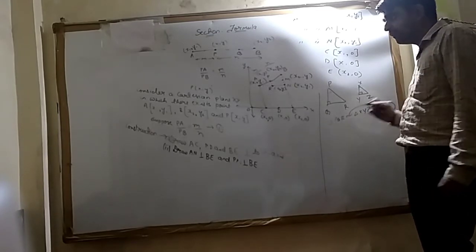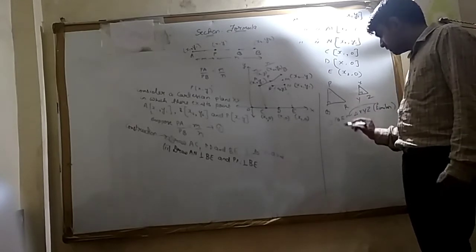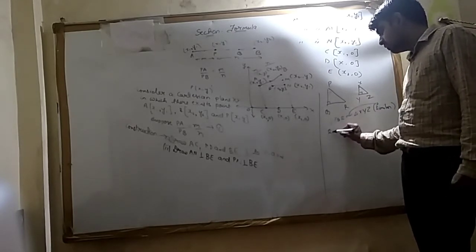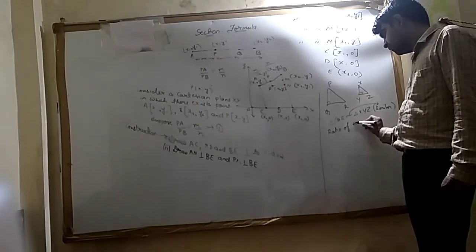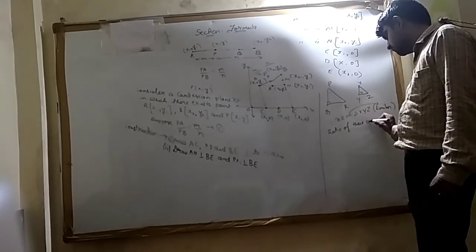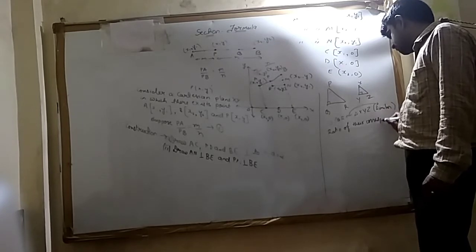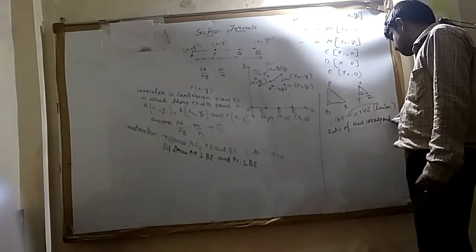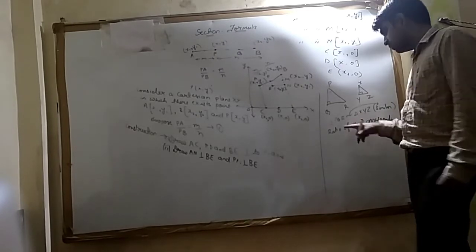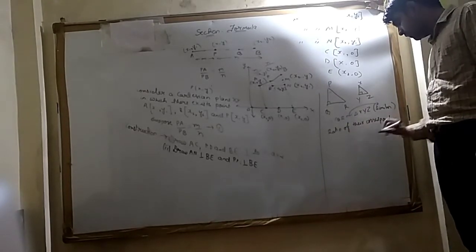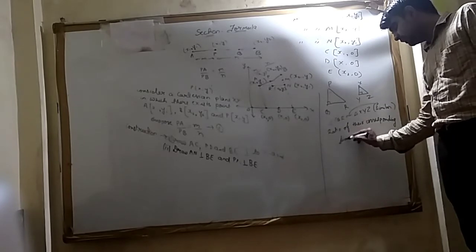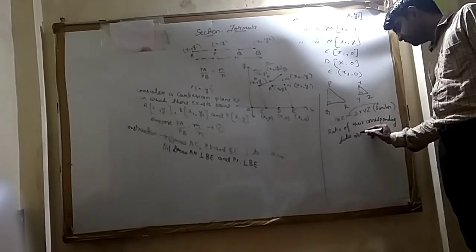Okay, so if triangles are similar, then the ratio of their sides, which sides? Corresponding sides. Okay, if triangles are similar, then the ratio of their corresponding sides are same.